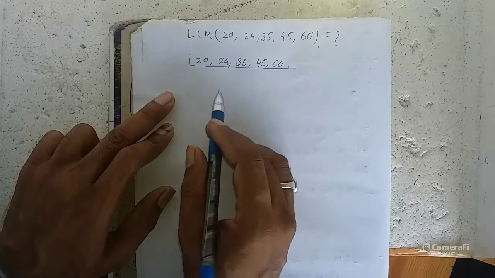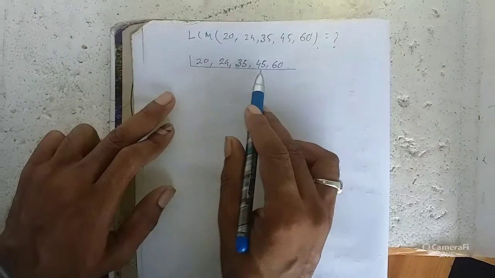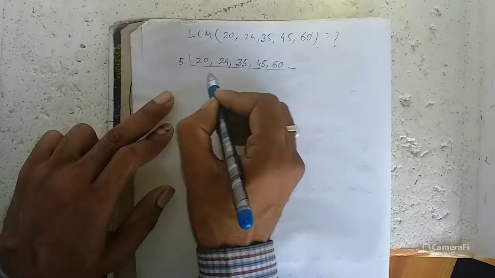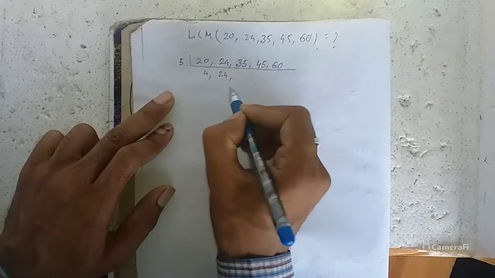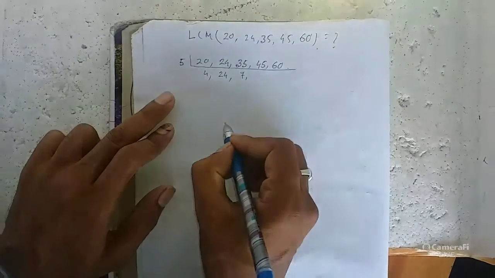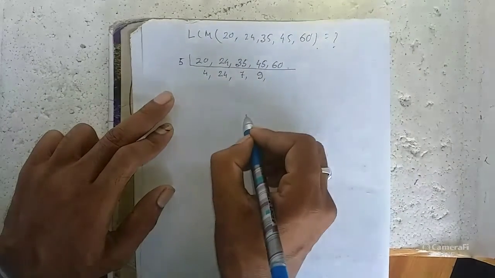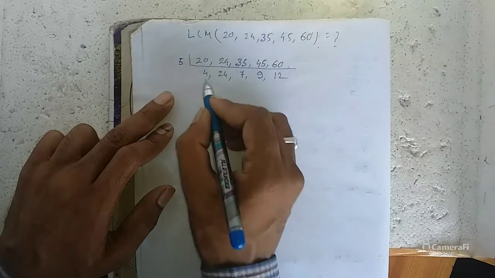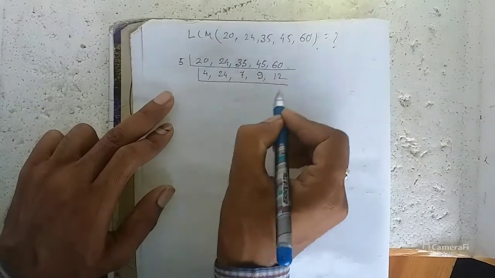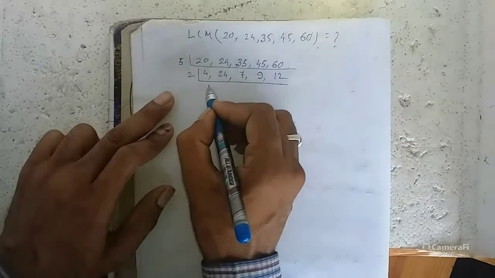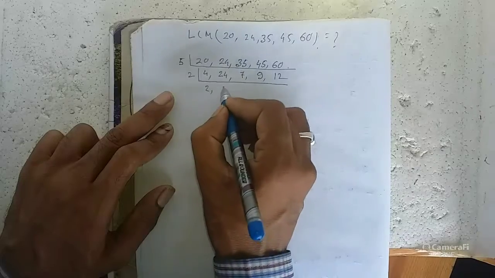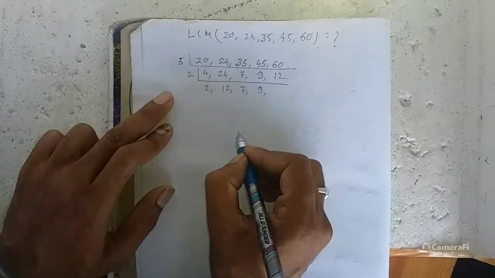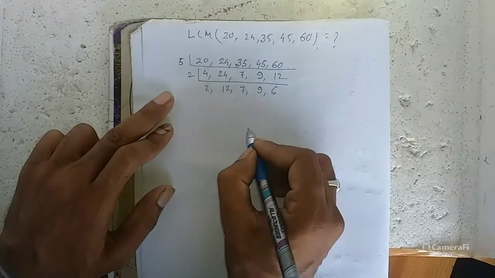That is, if we choose 20, 35, 45, 60, all of these are divisible by 5. 5 fours are 20, 24 remains, 5 sevens are 35, 5 nines are 45 and 5 twelves are 60. Now we can go for 2. 2 can divide 24, 12 and 4; 7 remains 7, 9 is not divisible, 9 remains 9, 2 sixes are 12.